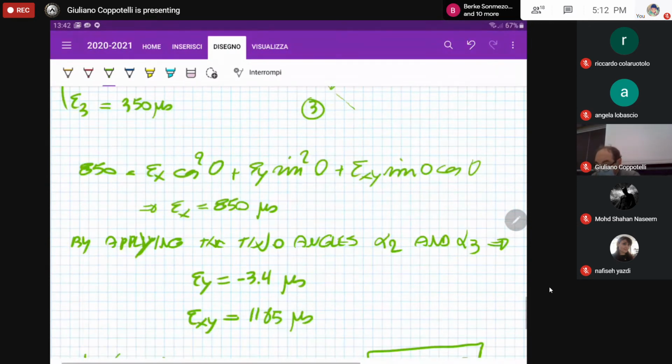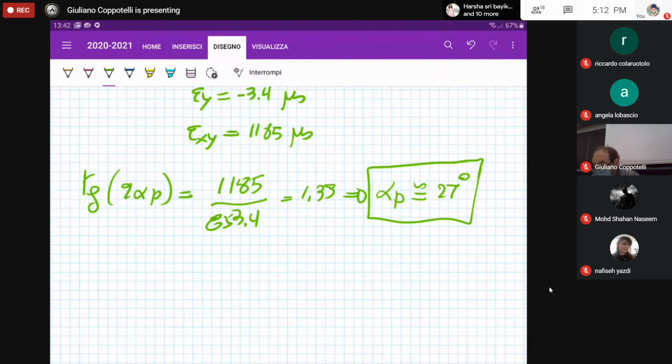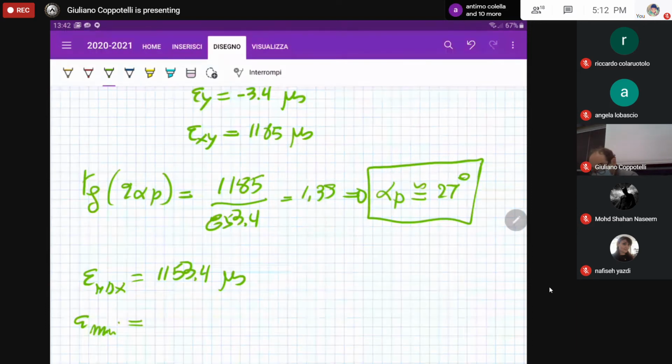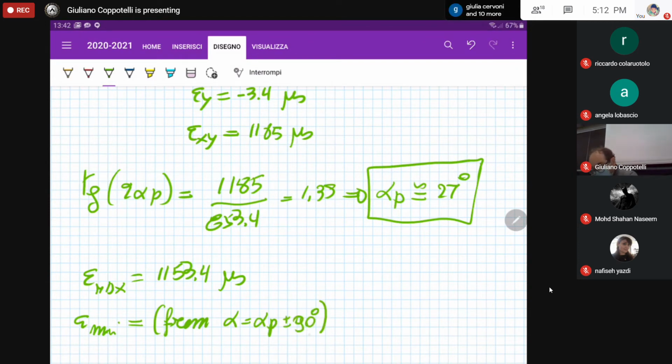What's the value of the strain in that direction? What we can find out is the maximum strain is 1153.4 microstrain, just substitute the number. And the value of the minimum normal strain, just substitute the shift of 90 degrees, is equal to negative 305.3 microstrain.